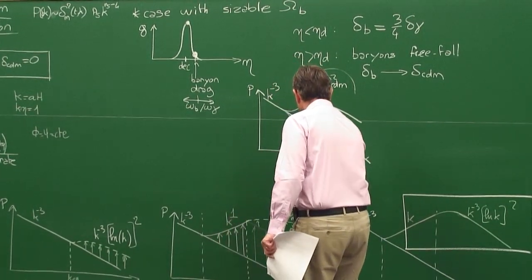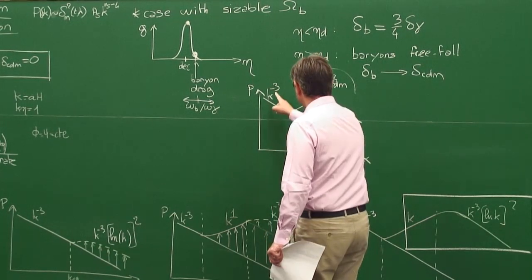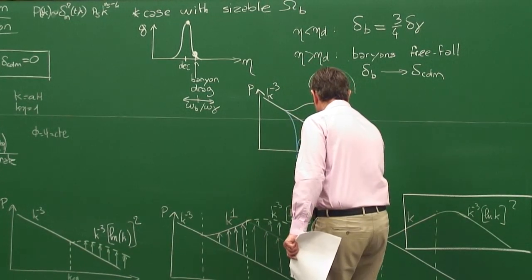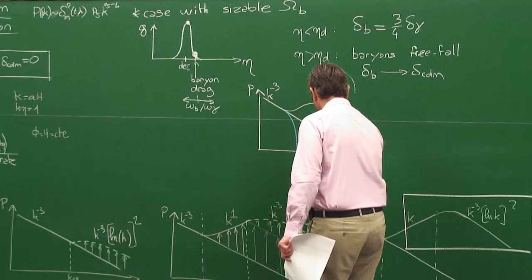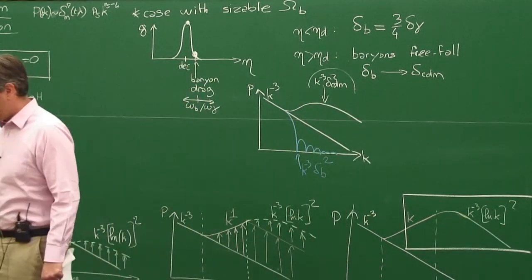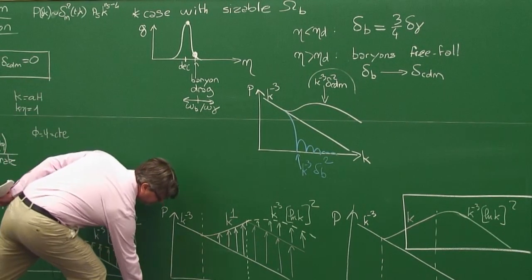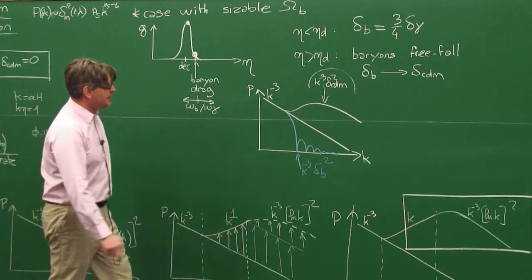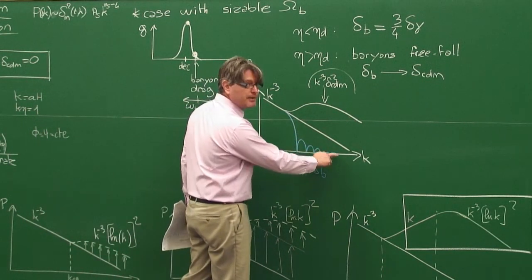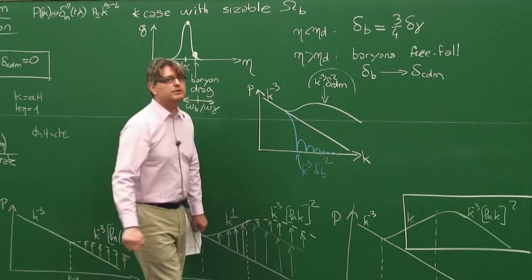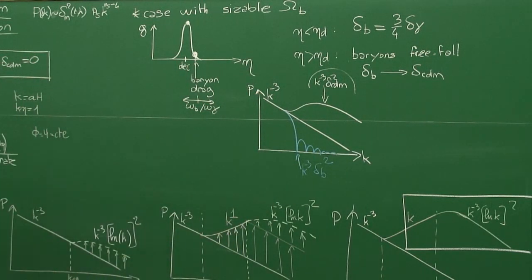So this is k to the minus 3 coming from the primordial spectrum times delta b squared. I got a question yesterday about Silk damping. When Joe Silk worked on damping, what he had in mind at the beginning was that for baryons and not for photons. So it was precisely this shape. But now we also call Silk damping the effect of diffusion damping on the photons, on the CMB.